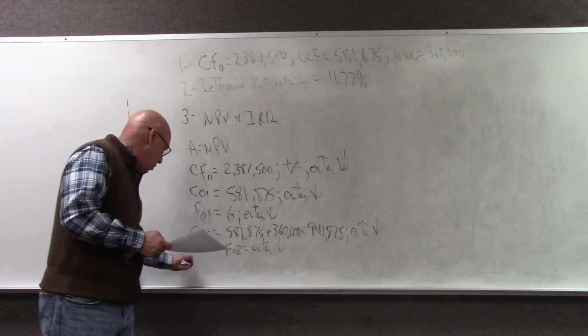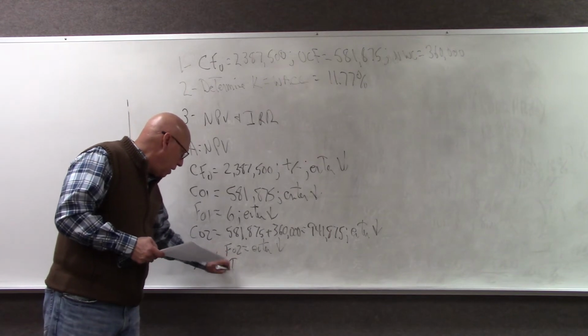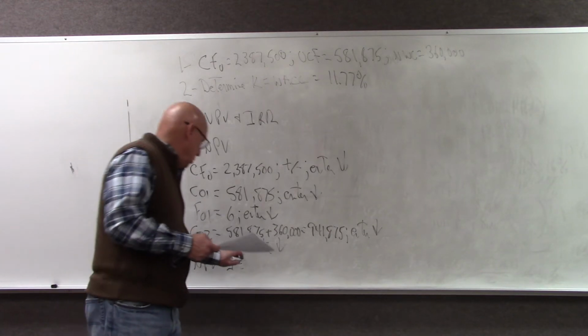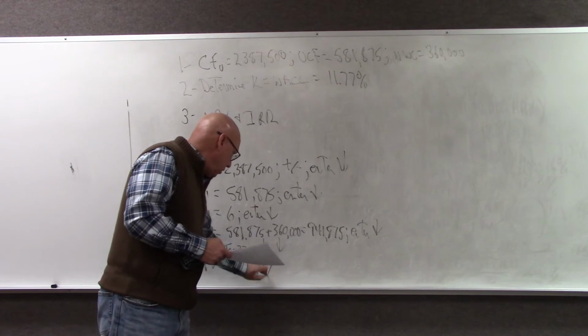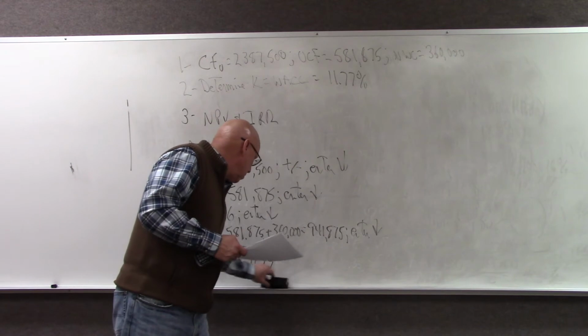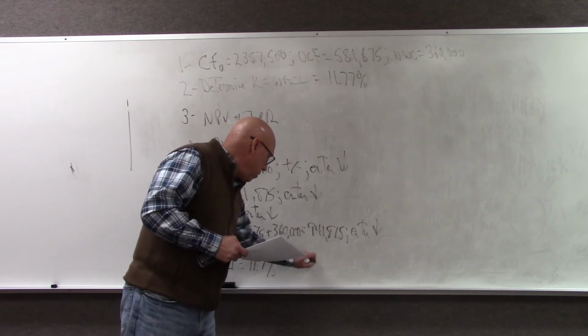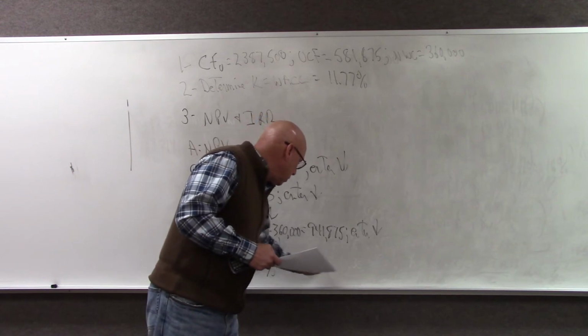Now, NPV, I equals 11.77. And then enter, down arrow, and compute.